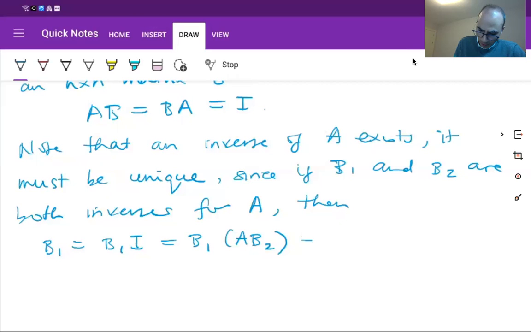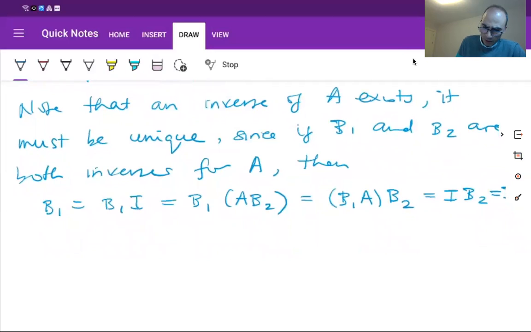From the associativity property, this is B1A times B2. Since B1 is an inverse of A, this is identity times B2. And from the properties of multiplication by the identity matrix, this is just B2. So B1 is equal to B2.